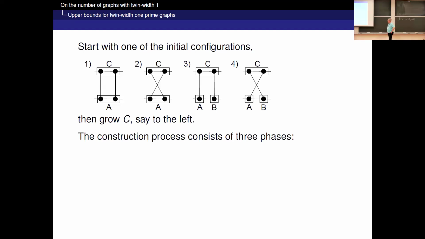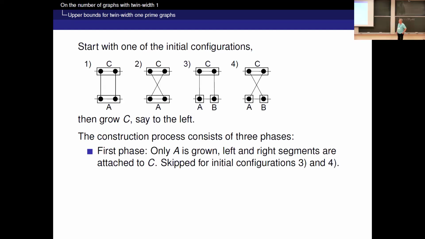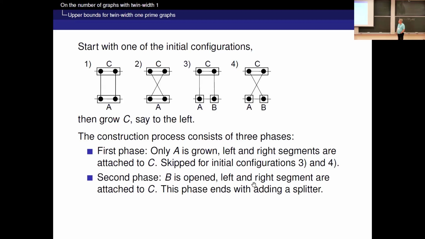And then we have 3 phases of the construction process. First, only A is grown. So that means you grow C to the left, and at the same time you grow A, and B is still empty. Of course, if you start with one of those configurations, then this phase is skipped. Second phase, you start to open B. So one of the vertices that grows the set C is also going to B. Then B is open, and this phase ends with a splitter.